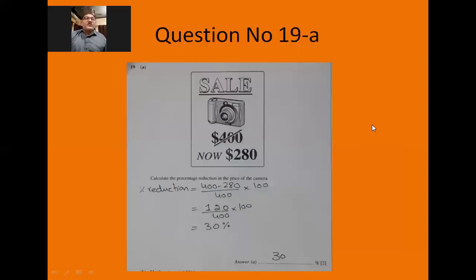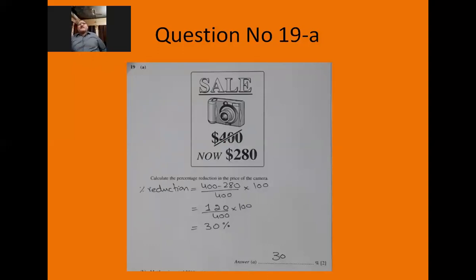Okay, so the question number 19 is coming up on your screen. He says, calculate the percentage reduction in the price of the camera. You see the mark price of the camera is $400 and its sale price is $280. So how much is the reduction?